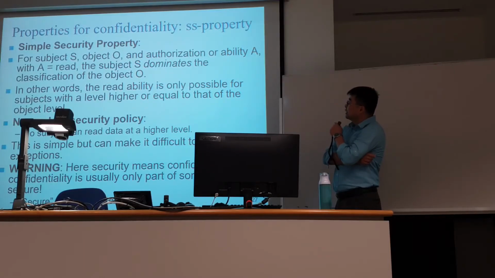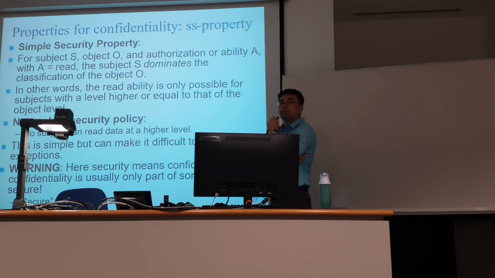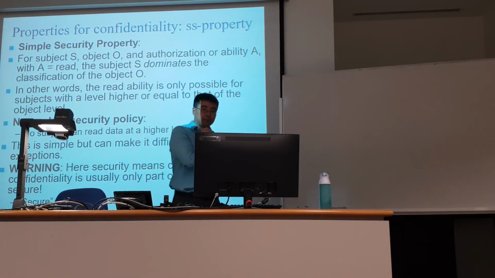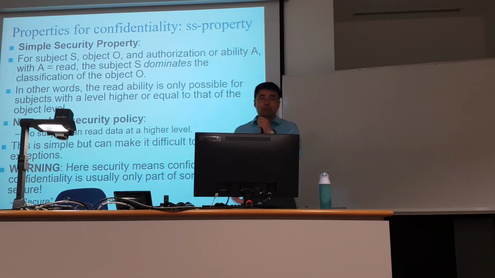Lecture. Okay, so we looked at this lattice model, which is essentially an extension of DLT. Now we consider multi-dimensional, which means the label attached to one object or subject contains multiple items.